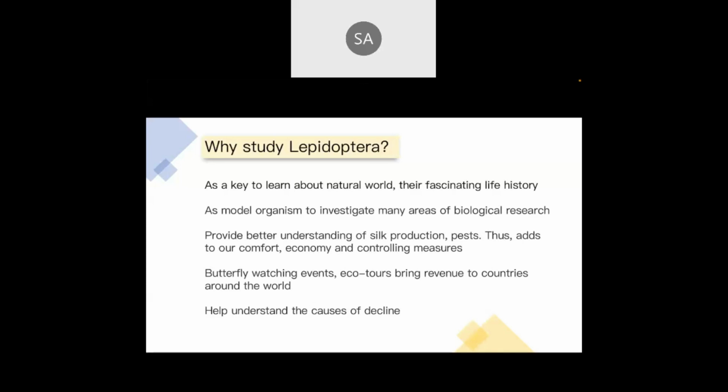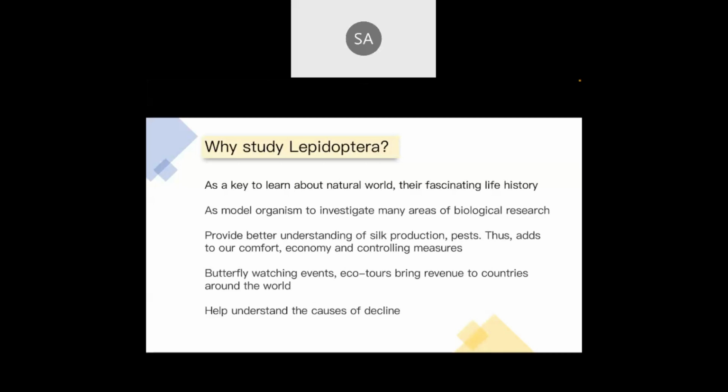Then butterfly watching events and eco tours bring revenue to our countries or our states. That's why nowadays many butterfly or moth watching events are conducted, and many tourists from the country as well as outside the country, foreign countries, come to visit different types of tiger reserves, national parks, etc. And also the most important thing, that moth numbers or butterfly numbers are decreasing because of habitat destruction.